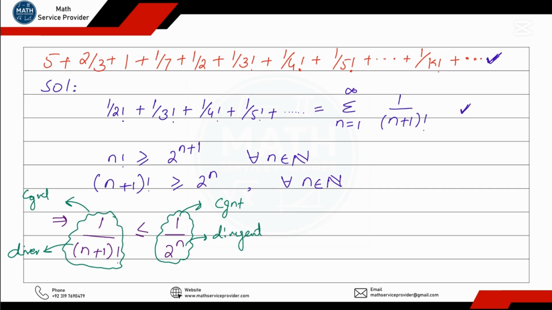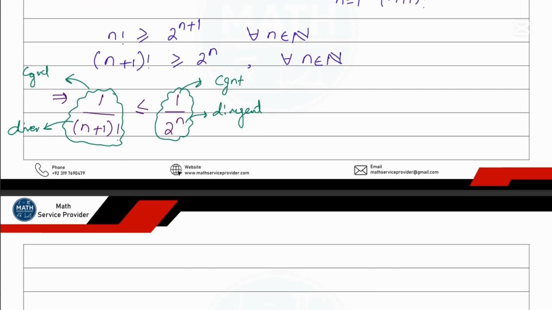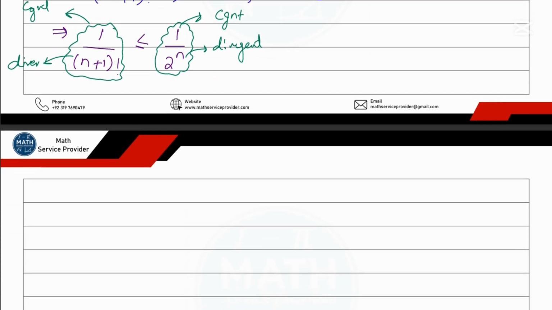So now we take the upper series to check whether this series is convergent or not. For this I am going to take this series as summation from n equals 1 to infinity of 1 upon 2 raised to power n. If you expand, you will have 1 upon 2 plus 1 upon 4 plus 1 upon 8 plus so on.